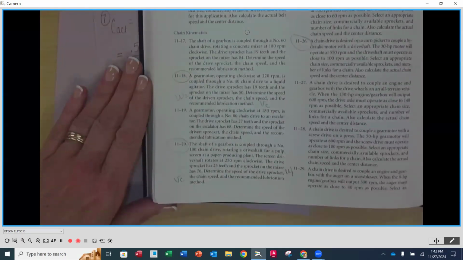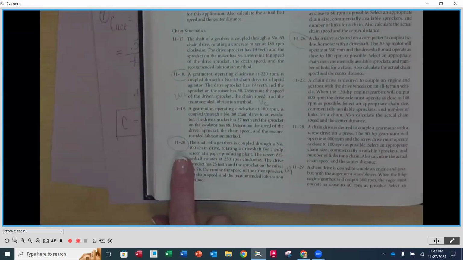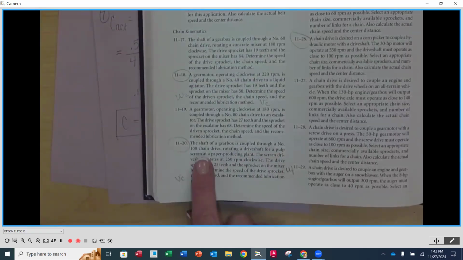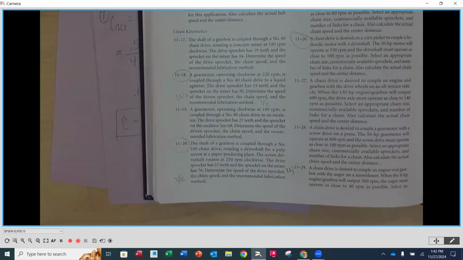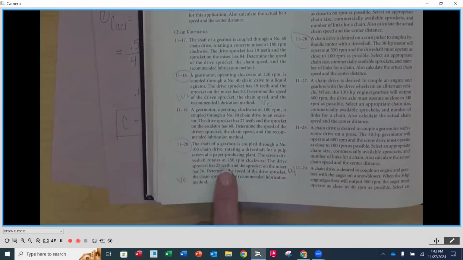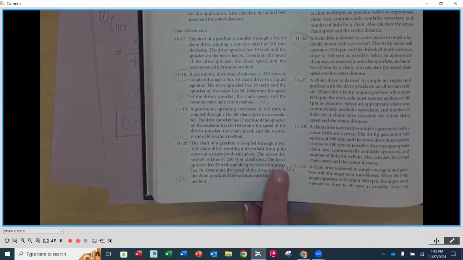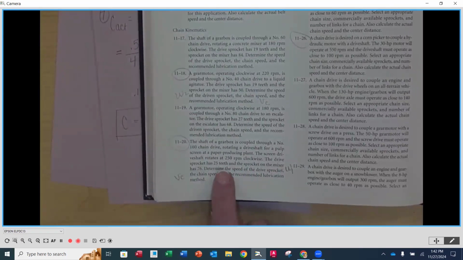Your second problem is going to be 1120. Here we have a shaft of a gearbox coupled with a number 100 chain, rotating a drive shaft for a pulp screen at a paper producing plant. The screen drive shaft rotates at 250 RPMs. The drive sprocket has 25 teeth. The sprocket on the mixer has 76.